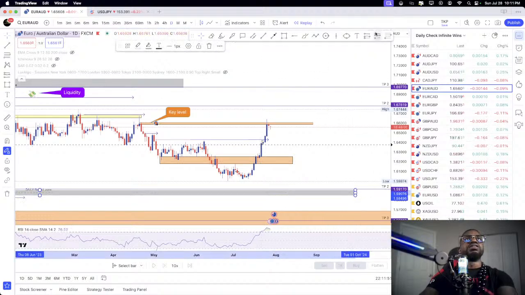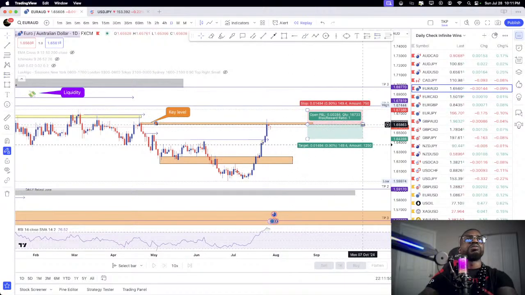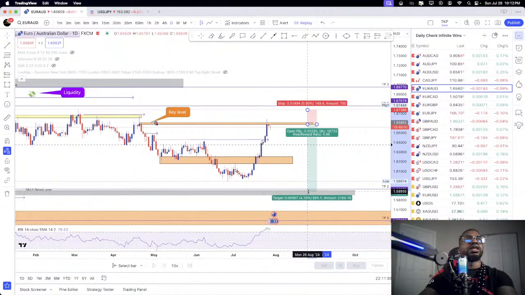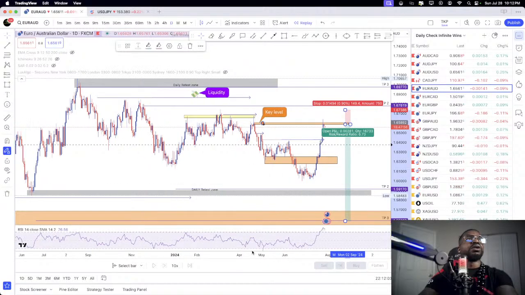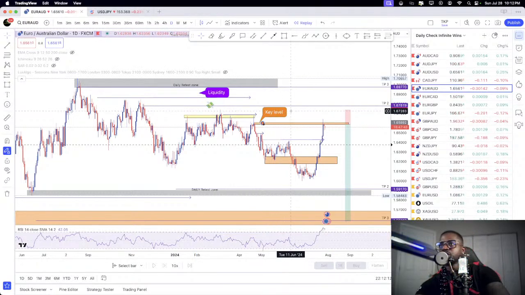So I was looking for this daily level to get hit. Not sure why we didn't set this limit order, but this thing definitely has a lot of liquidity above it. So I'll say let's wait during London to see which way we get that push.